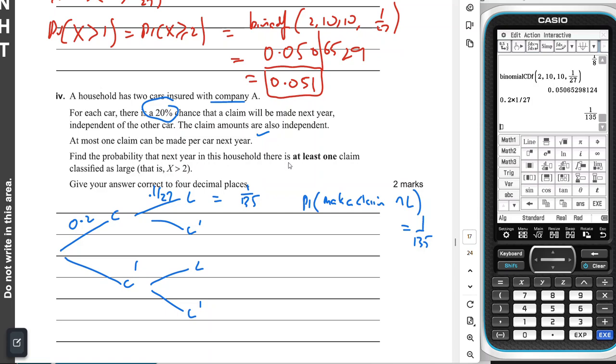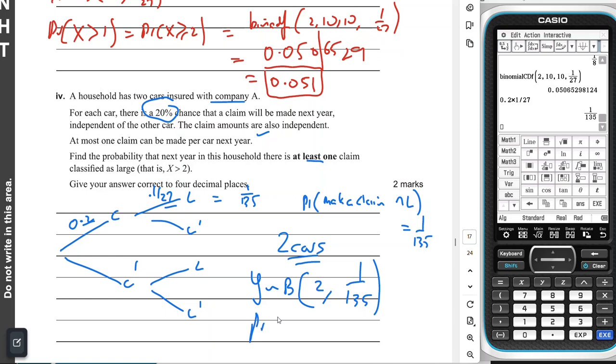Find the probability that next year the household makes at least one claim classified as large. So we have two cars. I'm going to call this Y, and it's going to be binomial. I have two cars, and the probability that a car makes a claim that is large is 1 on 135.